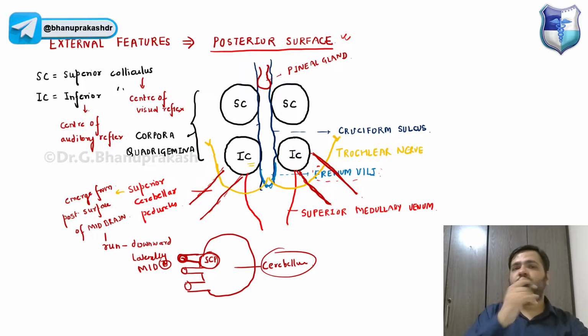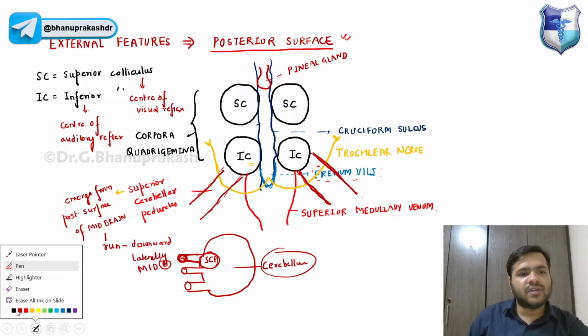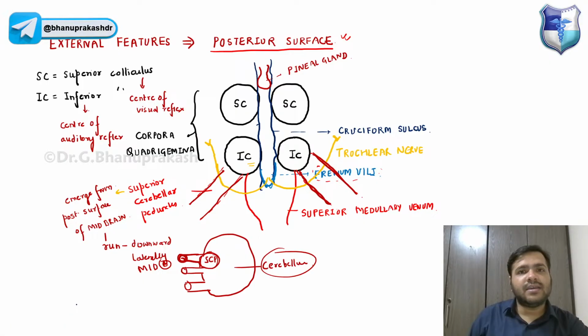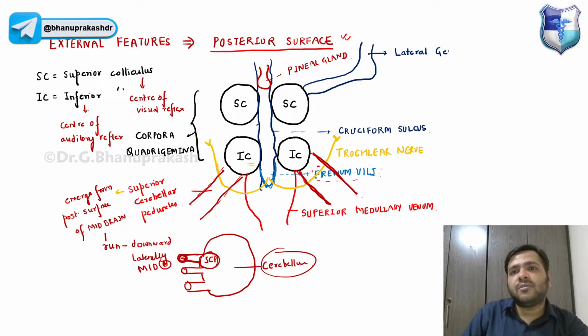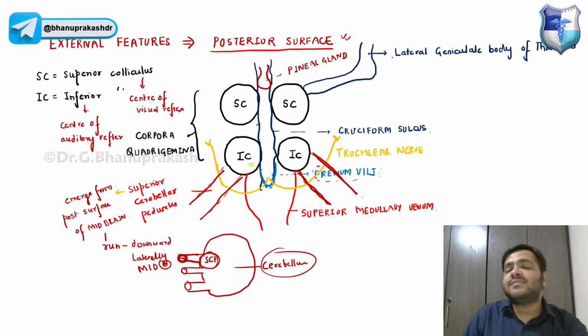Now guys, again, two important things that I want to mention in this particular diagram. The superior colliculus, remember, is connected to the lateral geniculate body of the thalamus.